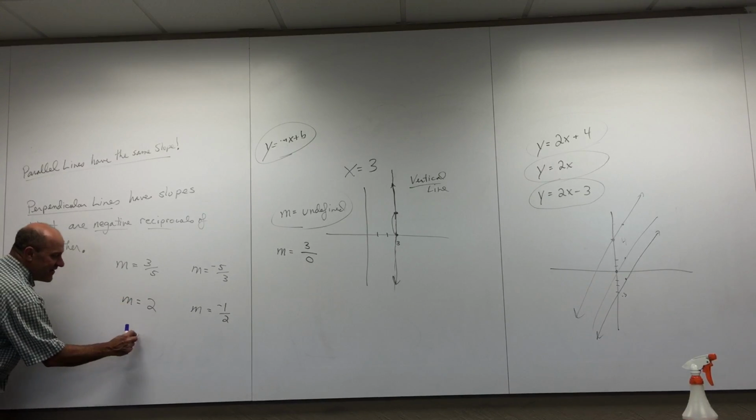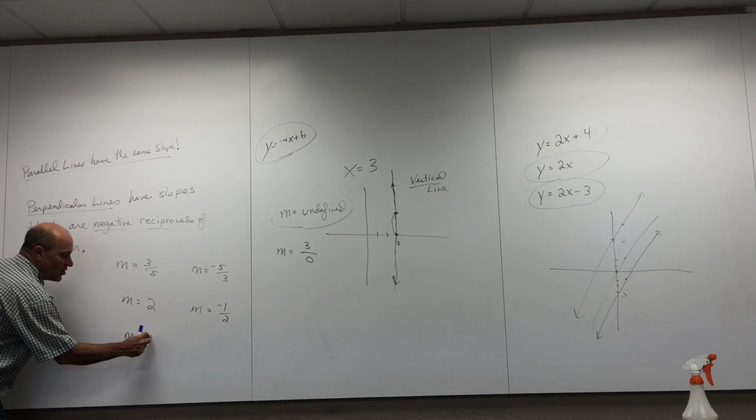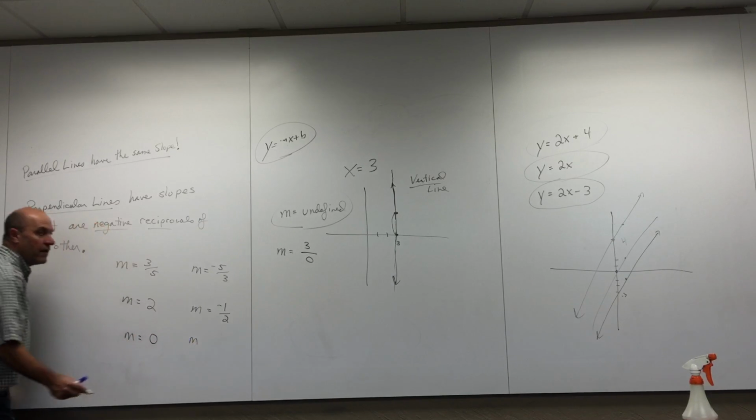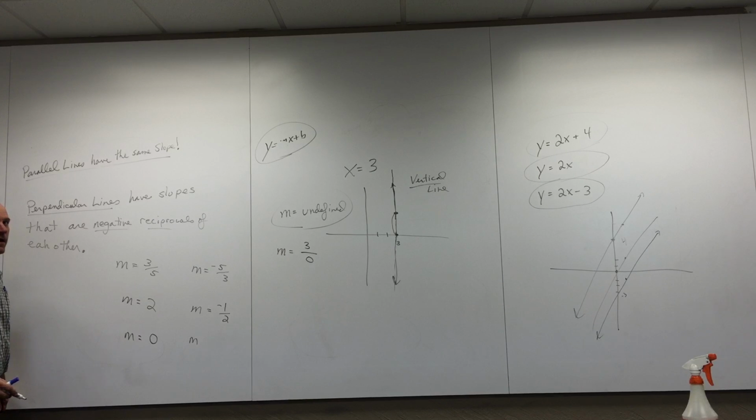Let me try one more. What if I had a slope of 0? The other one would be undefined. There are a couple of ways to think about it.